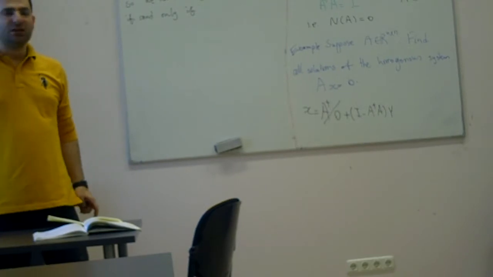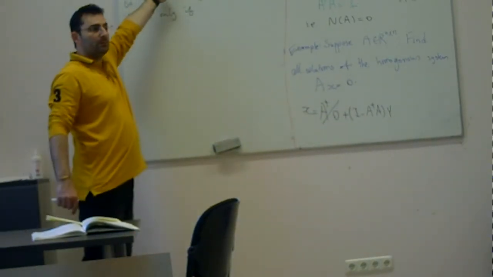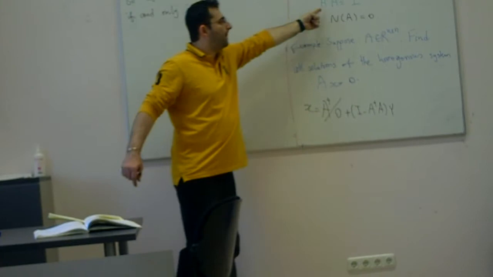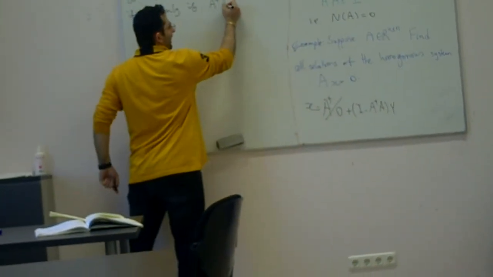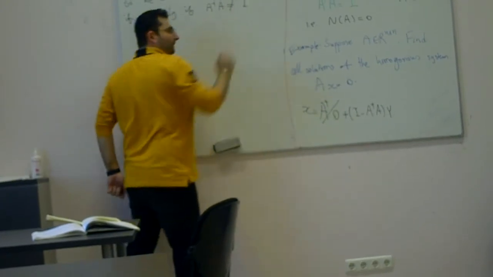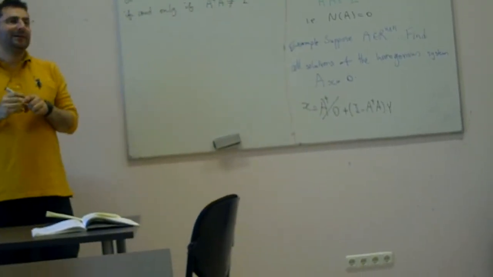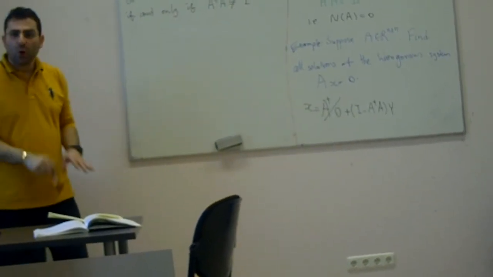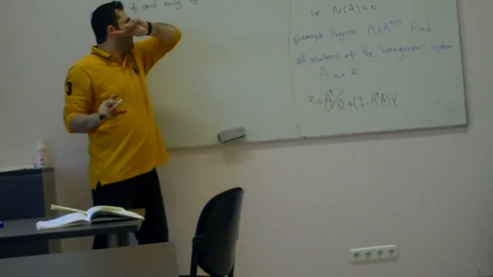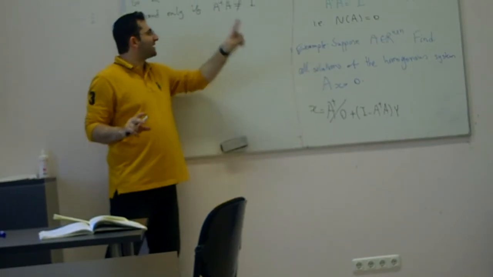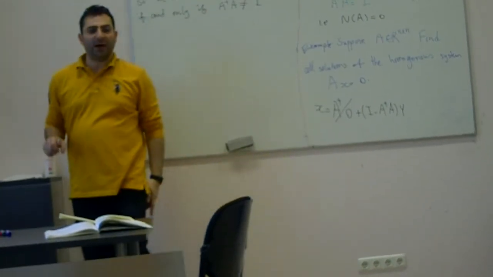What should be the condition not to have this one? If and only if A plus A is not I. Now, when do I have, for this example, now I'm talking about only this example, A plus A not to be I?